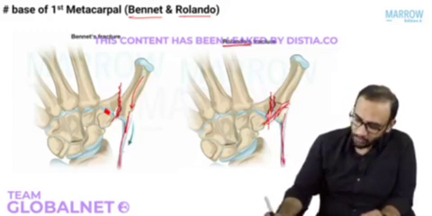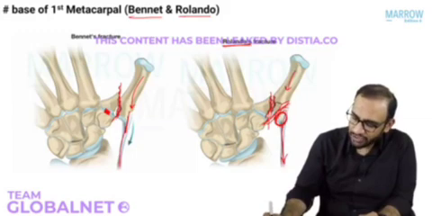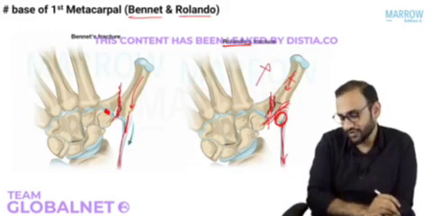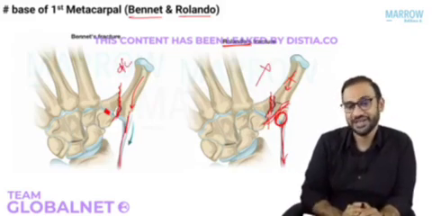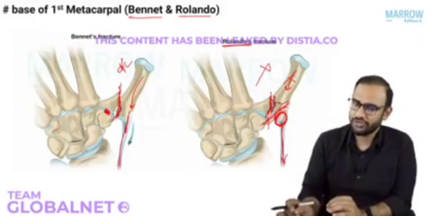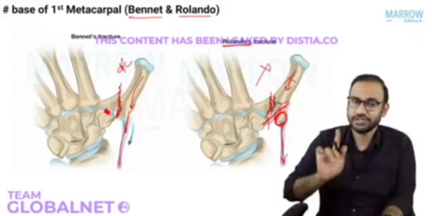Even though the abductor pollicis longus is pulling, it only pulls away this small fragment, sparing the action on the full metacarpal. So there is no dislocation in Rolando's fracture, but there is displacement or dislocation in Bennett's fracture. Is that clear? So Rolando is a complete comminuted undisplaced fracture, whereas Bennett is an incomplete partial displaced fracture.